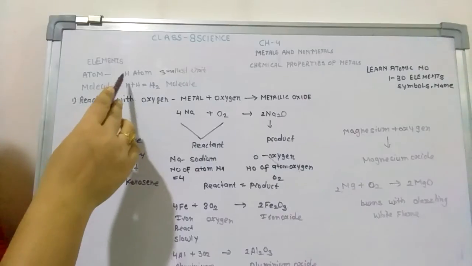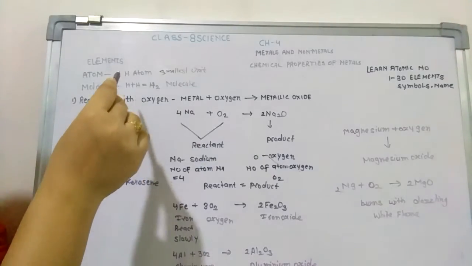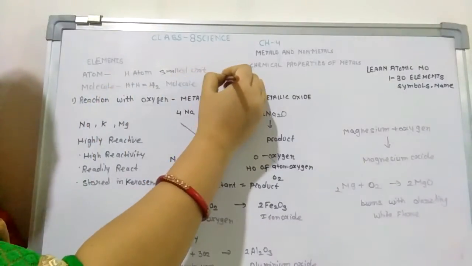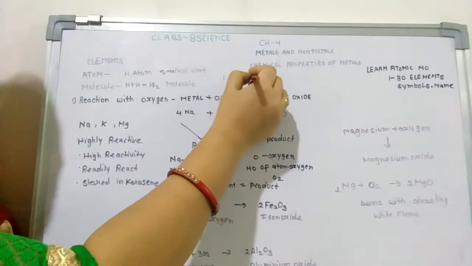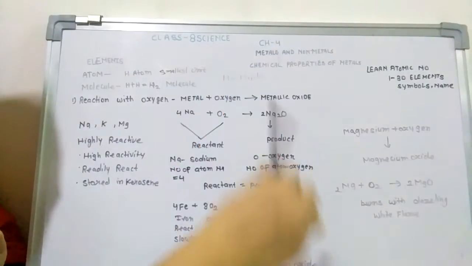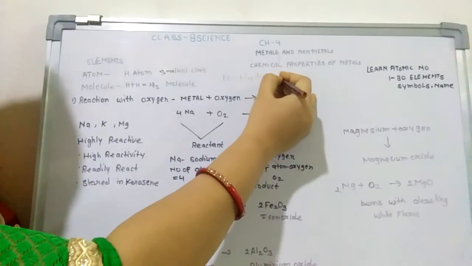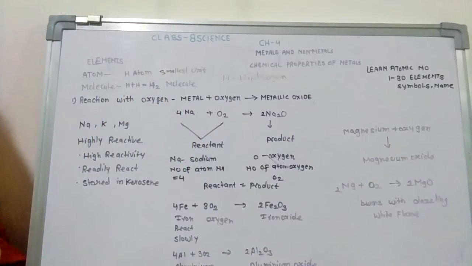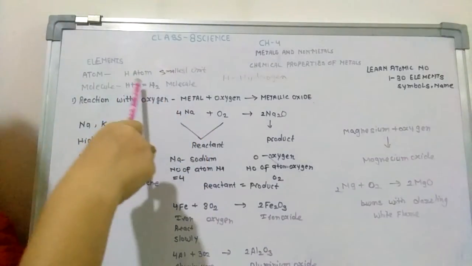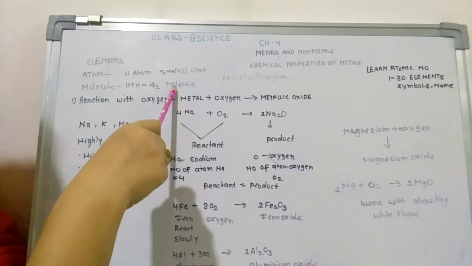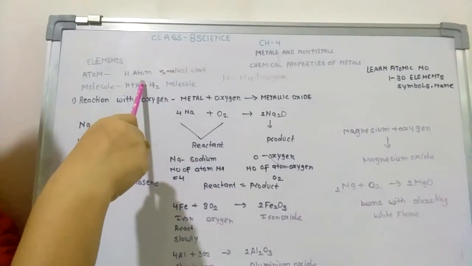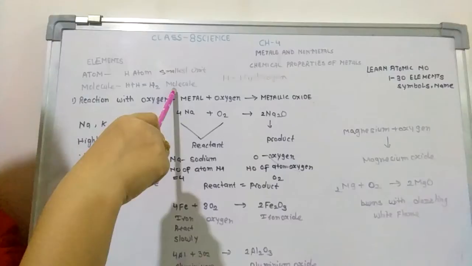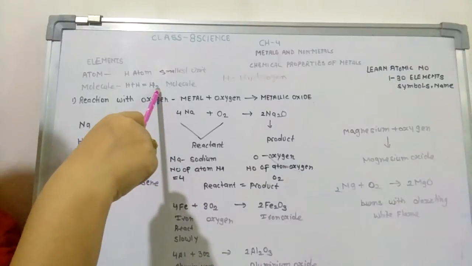Suppose that here H is the symbol. I have written H. H means hydrogen. So H alone is the symbol of hydrogen. When two hydrogen atoms join together, it forms an H2 molecule. The 2 means 2 hydrogen atoms.